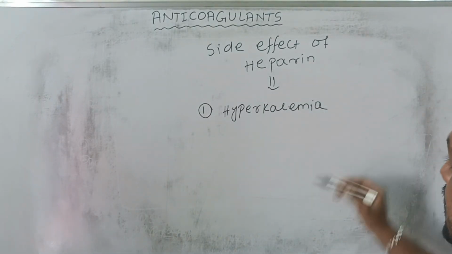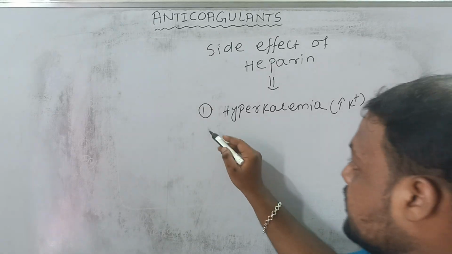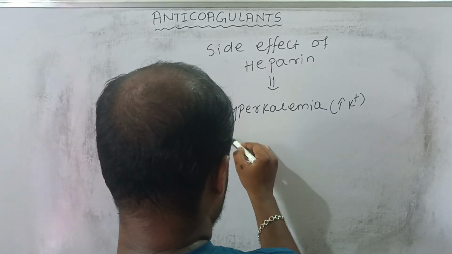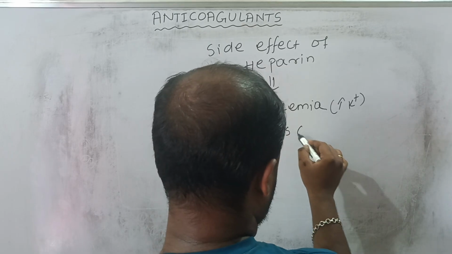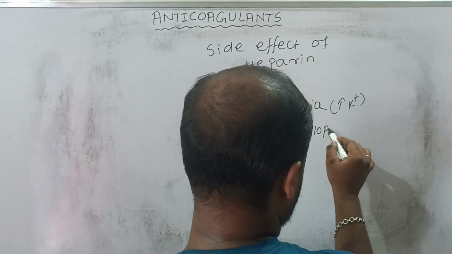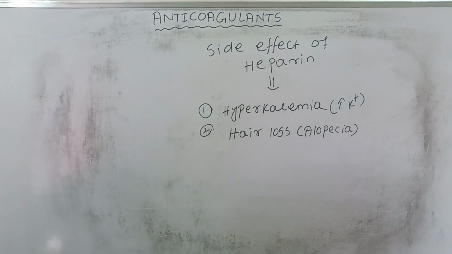Hyperkalemia means the increased potassium level. Then second one is hair loss. Hair loss is called alopecia.